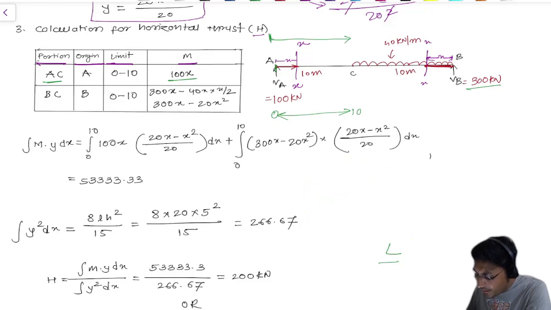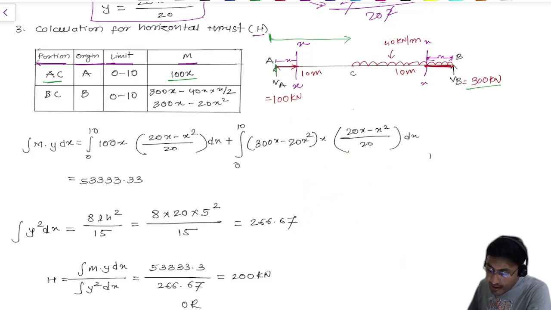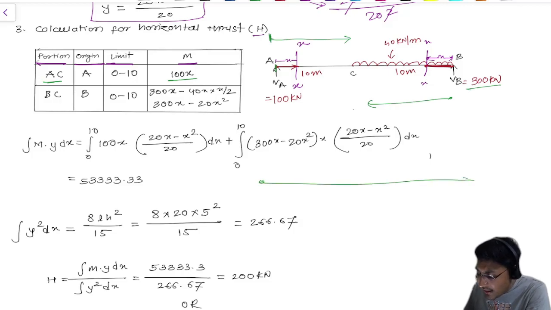Now moving further, let's take the other section, B to C. But now, taking this sort of section, our rotations will change. If we move from this point till the last point, clockwise direction will be positive and anti-clockwise will be negative.